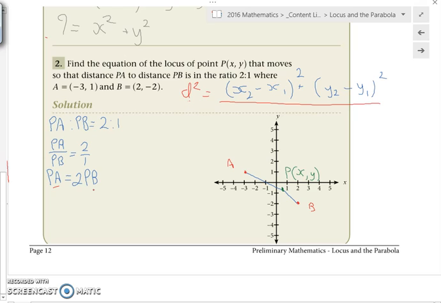The distance between P and B. So we now know, because we've done this from what the question gave us, that the distance between P and A is twice the distance between P and B. So all we're doing really is reframing the question so we've got it in something we can do. Now we have a distance formula that involves x's and y's.